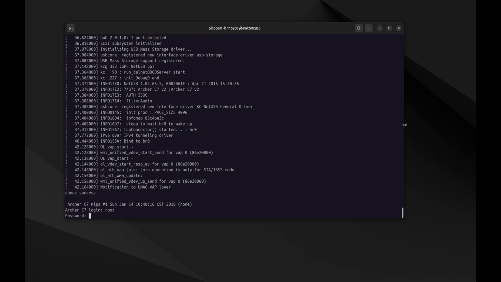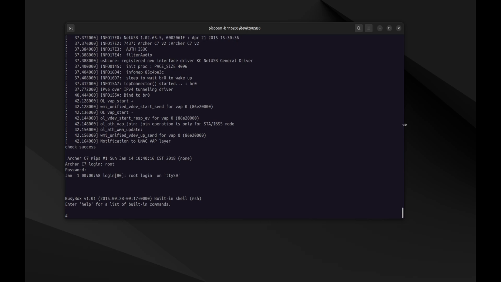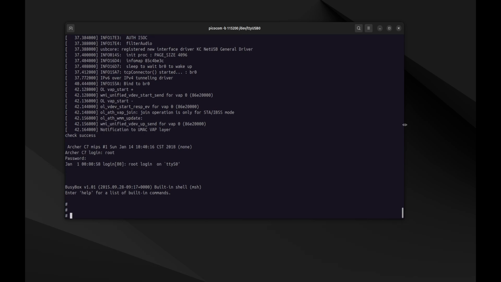We'll try our credentials that we found. And we can see now we have root access on BusyBox.